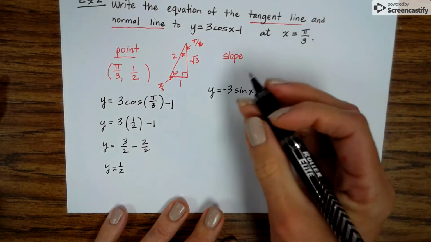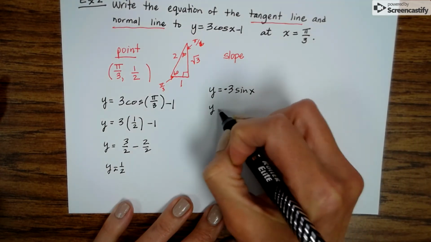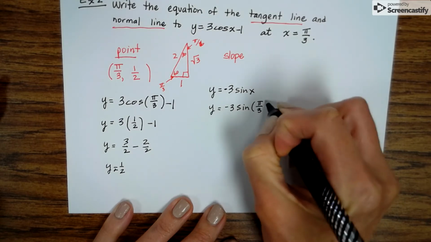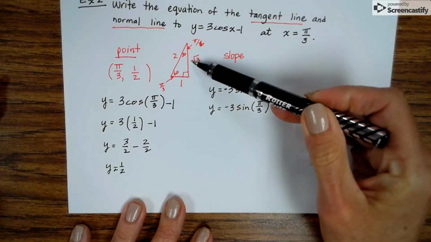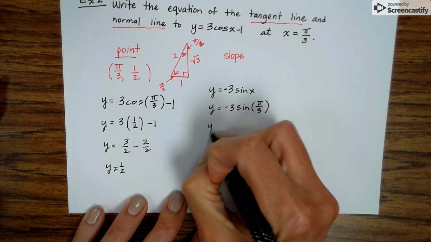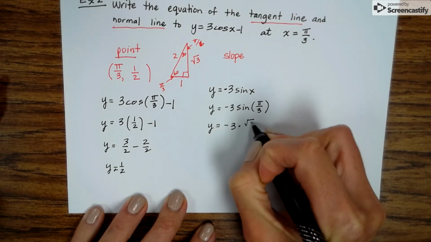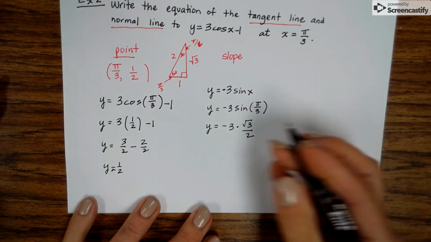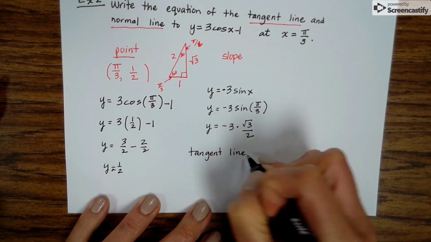Now I need to plug in the pi over 3 so that I can figure out what the slope is at pi over 3, or at this point of that line. So y equals -3 sine of pi over 3. Pi over 3 is the 60 degrees, so that's going to be the opposite over the hypotenuse. So I get y equals -3 times √3 over 2. So there's my slope right there.